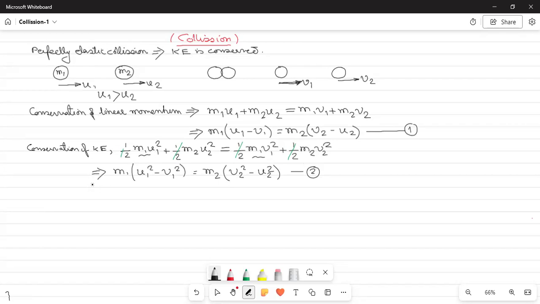Now from this equation, we can write this as m1 times (u1 plus v1) multiplied by (u1 minus v1) equal to m2, sorry, (v2 plus u2) multiplied by (v2 minus u2).